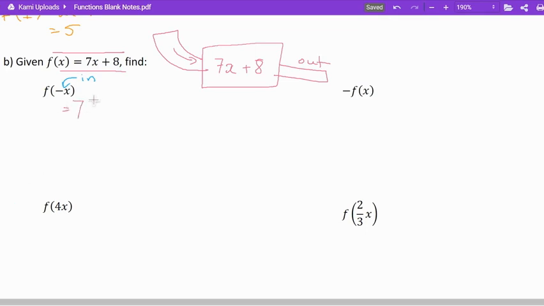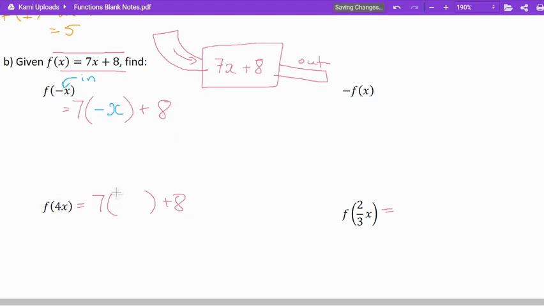So to start, I write the function without the x. Watch this. In every single example, I just put blank brackets instead of the x. And so wherever the input was, the x, I replace what's in the brackets. So in this case, in the brackets, we have a negative x.